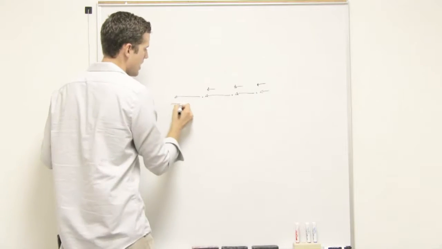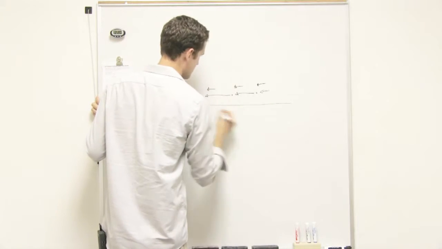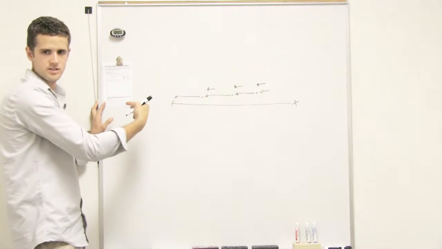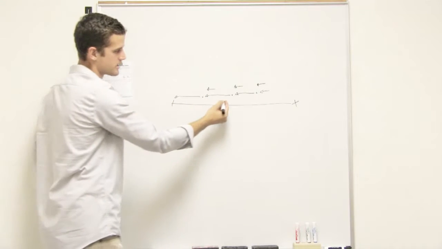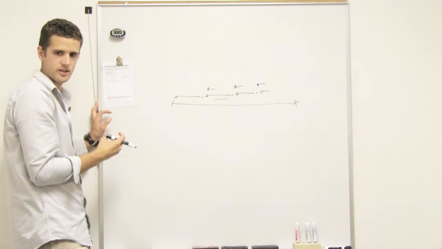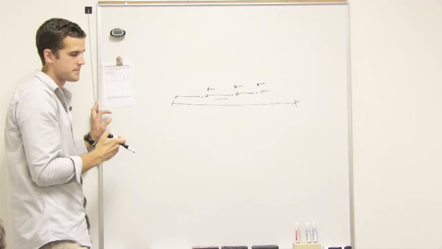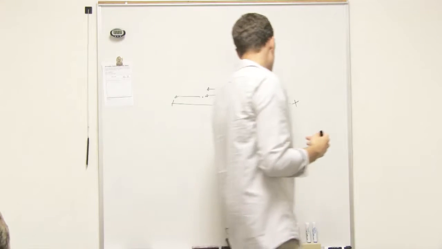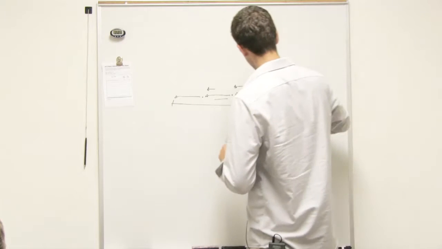So if we say that positive x is towards this direction, we're moving towards negative x. So our velocity is negative, and we're speeding up, so our acceleration is also negative. Okay?